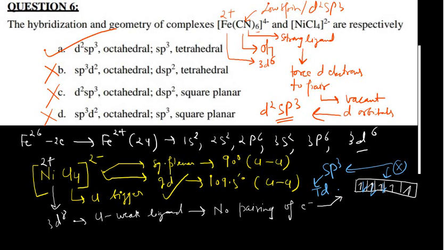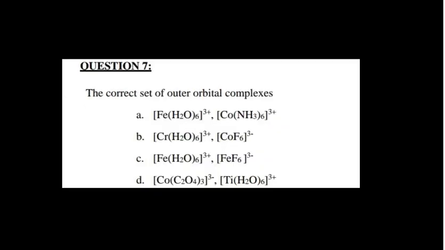Now moving to the next problem, question number 7: the correct set of outer orbital complexes. This is something very important, how we can solve this one. First of all, I'll write the oxidation state here.